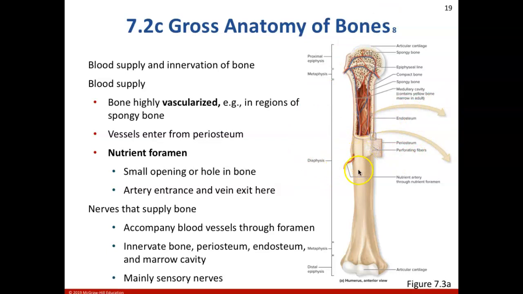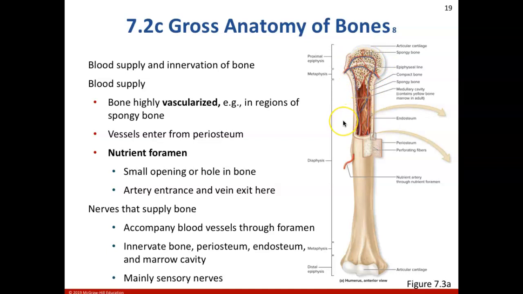This bone is covered in periosteum, and we see this nutrient artery moving through a little hole here called the nutrient foramen. And that allows the artery to enter into the bone and a vein to exit. Now I know the vein is not pictured here, but use your imagination and you could see the network of the blood vessels here inside this medullary cavity and then moving throughout the epiphysis.